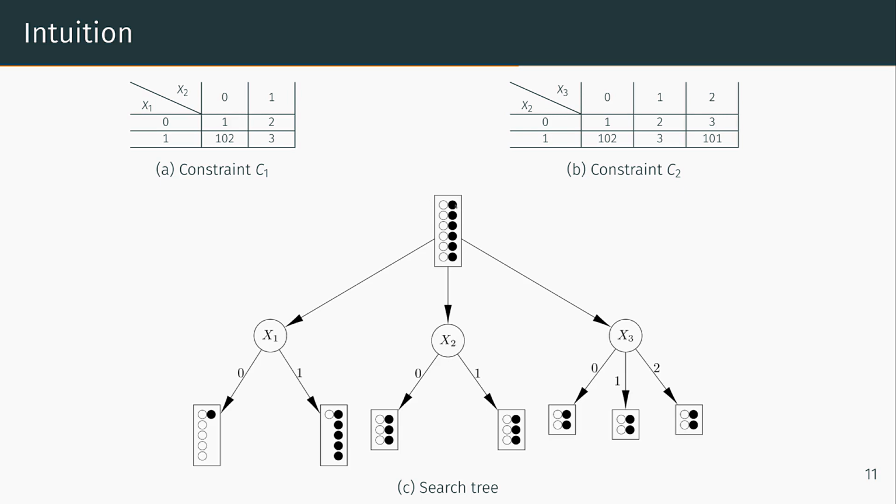We use a solid circle to represent an assignment that corresponds to a high total weight, those above 100. And we use an empty circle to represent assignments that correspond to low total weights, which are below 10. For example, x1 equals 0, x2 equals 0, and x3 equals 0 have a total weight of 2, which would be represented by an empty circle.